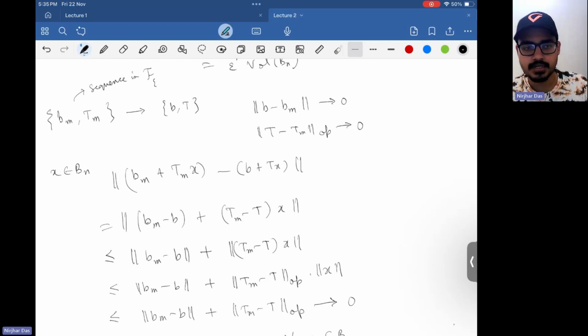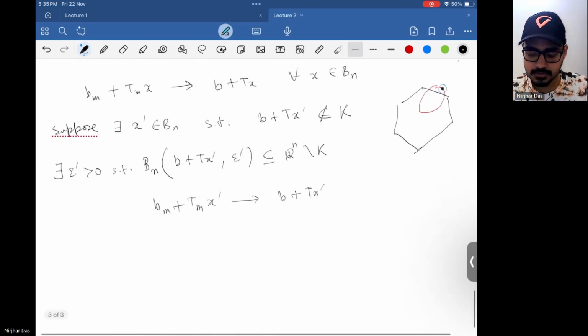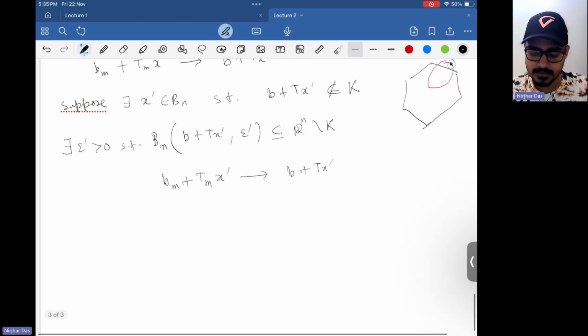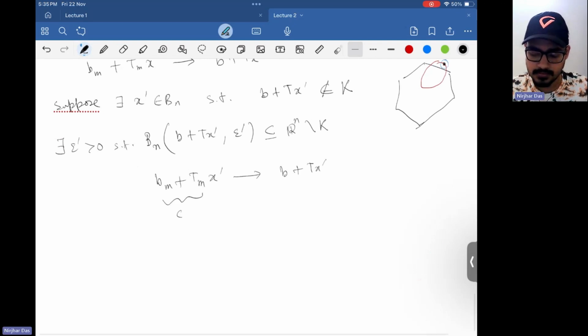And F epsilon contains all such b, t which are completely inside the convex body. So this bm plus tm of x dash is always in the convex body K, but we know that this is not in the convex body. And how can that happen?